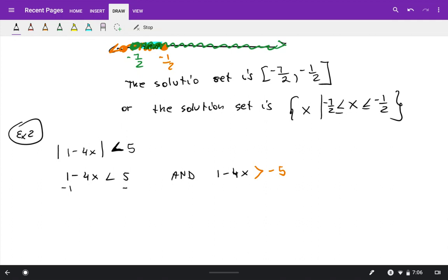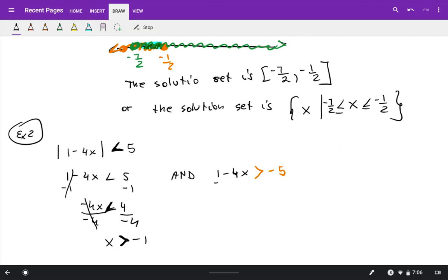So now we're going to solve two inequalities. So I'm subtracting 1, and we have negative 4x less than 4, divide by negative 4, and we're getting that x is greater than negative 1. So again, don't forget that because we divide by a negative number, I reverse the inequality.